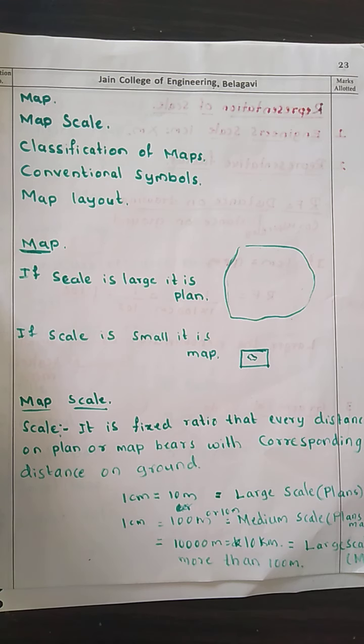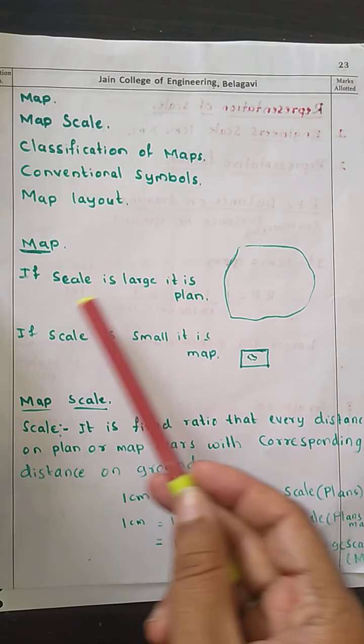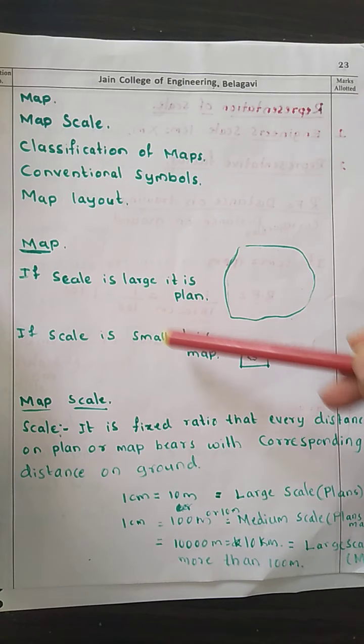In a map we can represent one particular city or an area of a city, or a particular state, district, or one nation. If the scale is small, it is called a map, and if the scale is large, it is called a plan.